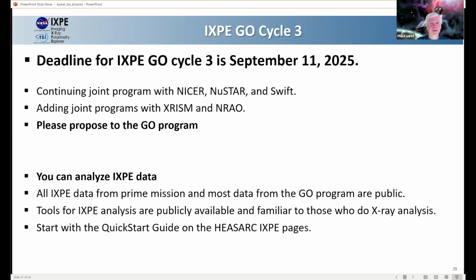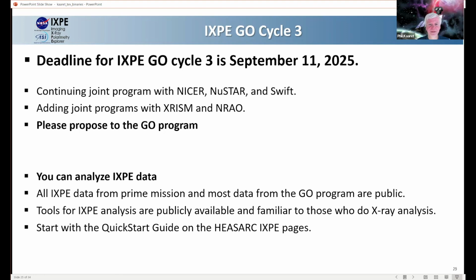And also, you can analyze IXPE data yourself. All the IXPE data from the prime mission and the majority of data from the GO program are public. By default, IXPE has no exclusive use period, as NASA headquarters likes to call it. We happened after NASA headquarters went into a very strong, all data should be public mode.